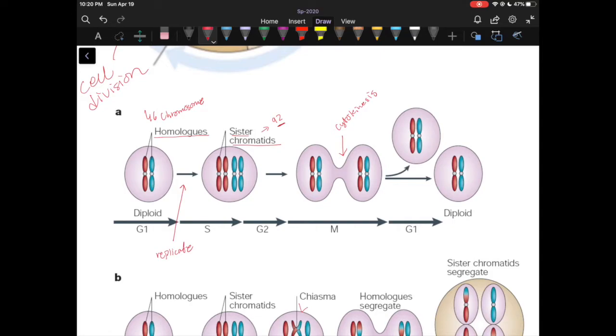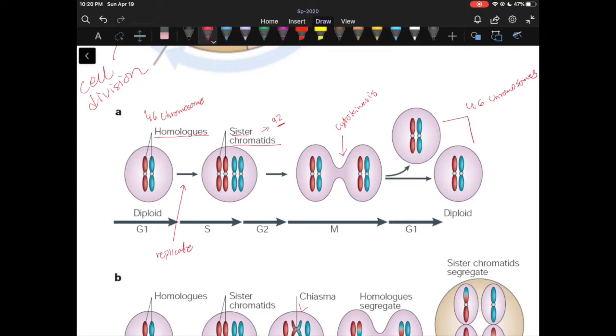And so now, once we divide those 92 chromosomes by cytokinesis, basically we're just halving them. We're going to end up with two cells that still have 46 chromosomes. Or rather, we're going to have one new daughter cell that has 46 chromosomes, and the original cell that we started with is still going to contain 46 chromosomes.